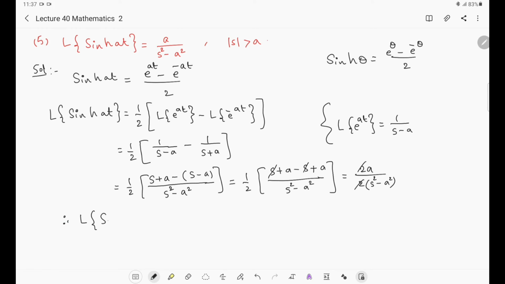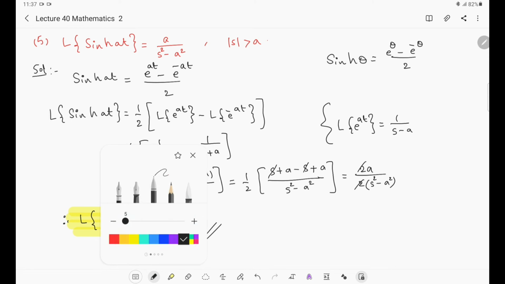Laplace transform of sinh at equals a/(s² − a²), right. This is the fifth formula. Now, the sixth one I am going to give you as homework.